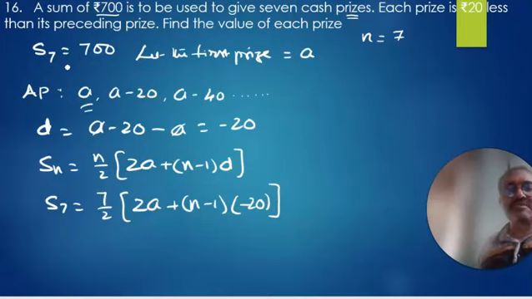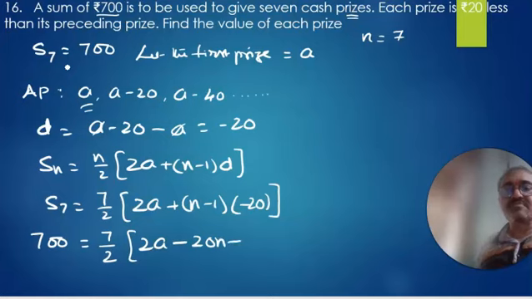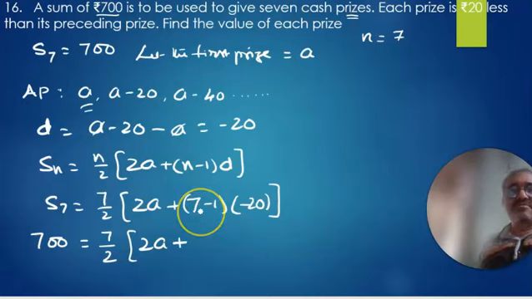So how much is S7? 700 rupees is equal to 7 by 2 into 2a plus, sorry, we have n is 7. n is 7, 7 minus 1, 6 into minus 20.